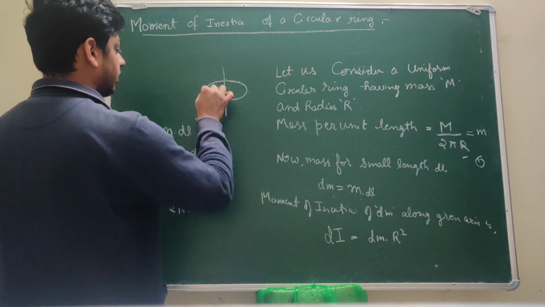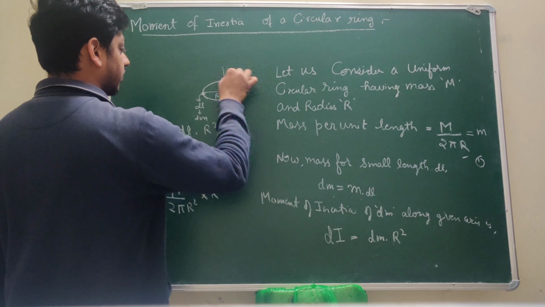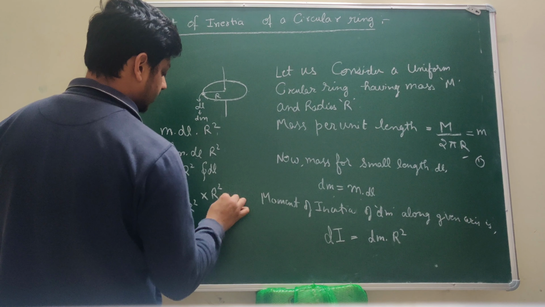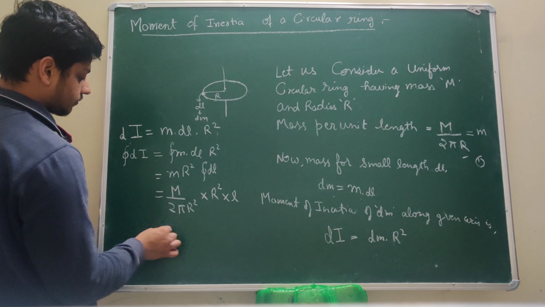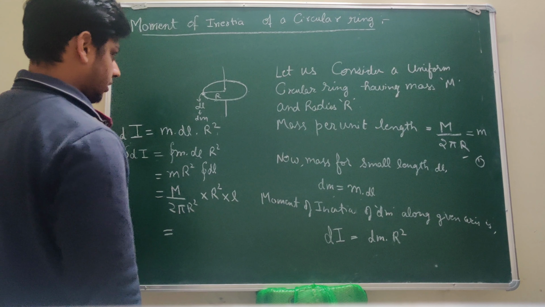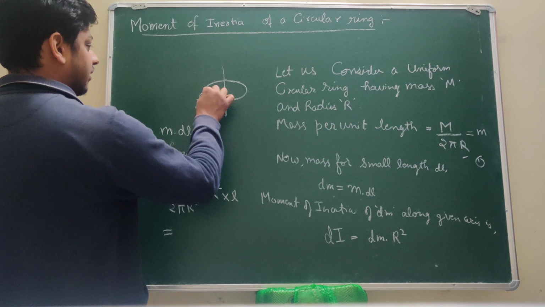Now if I sum the whole small elements of the whole ring, then it can be written as L. And what is L?